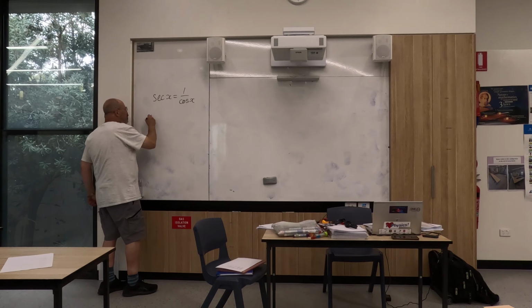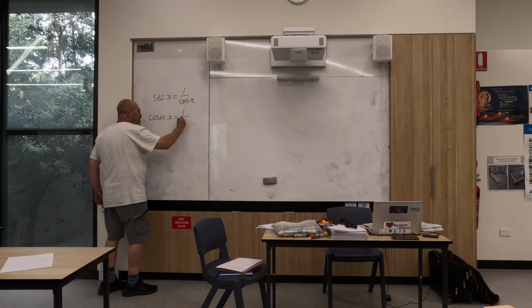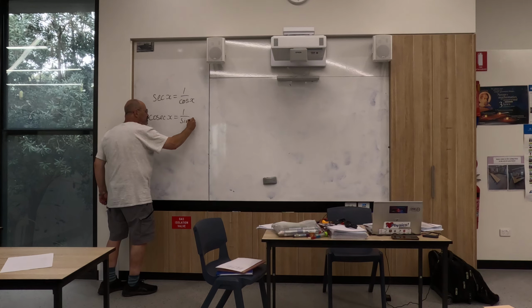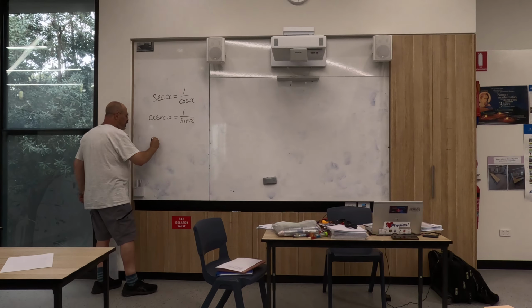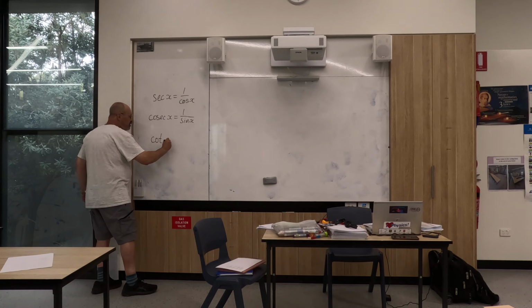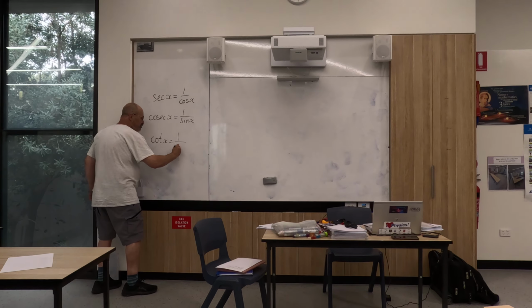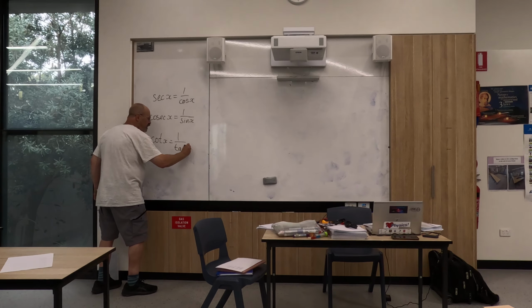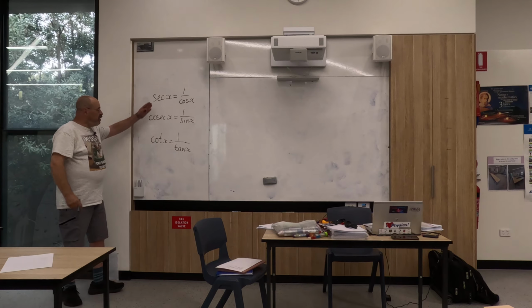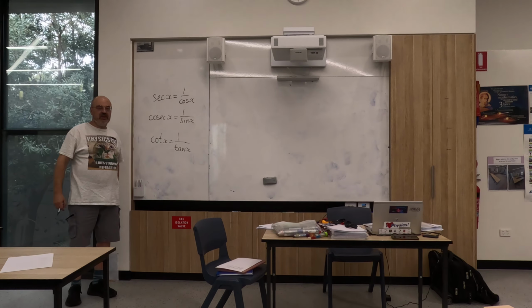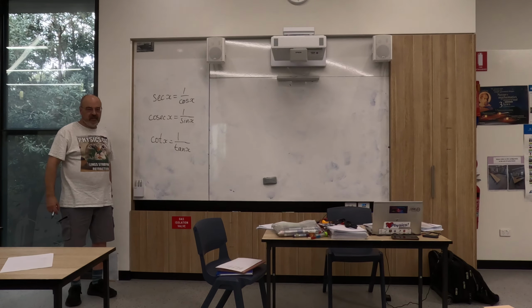Cosecant x is 1 on sine x, and one more. Cotangent, yes, 1 on tan x, or cos on sine. So there are three circular functions, so three reciprocals.